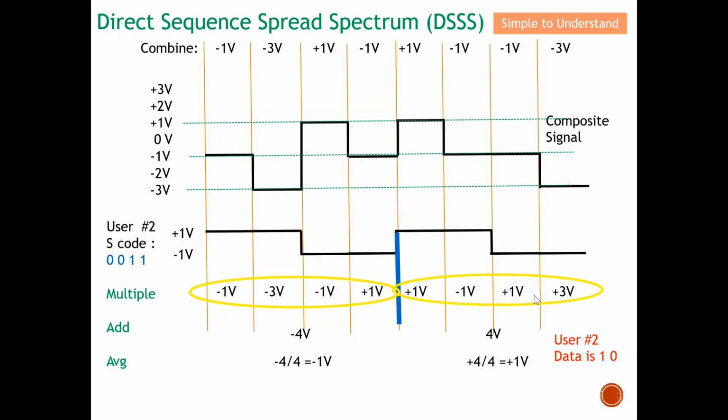Again, I add them all up. So plus minus nothing. +1 + 3 becomes 4 volt. Again, it's a 4-bit spread code, so I divide by 4. So I actually get 1 volt. 1 volt simply means that it is a data 0. So now I know my user 2 data is 10.